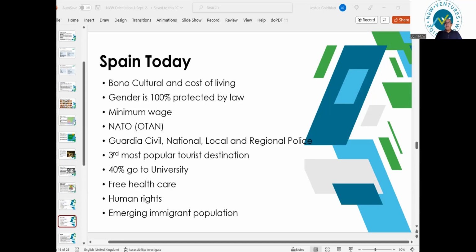We have the Guardia Civil, who are a kind of paramilitary police, and they are armed with weapons, and they combat things like narco trafficking, drugs, illegal immigration.